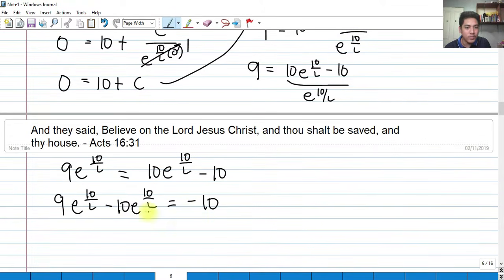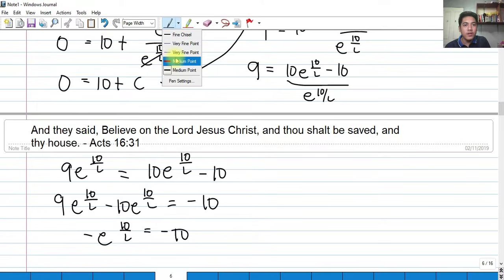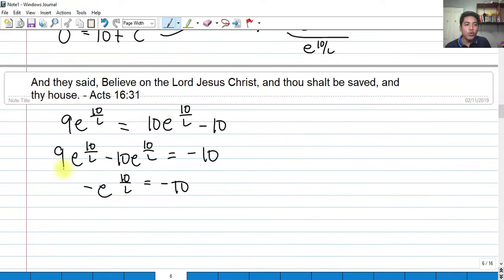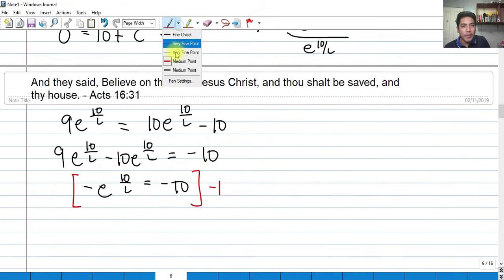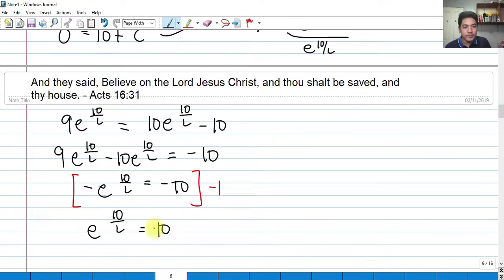So we can subtract these two, because they have the same base and the same exponent, so we can simply subtract them. That would be negative E raised to 10 over L is equal to negative 10. Multiplying both sides by negative 1, we have E raised to 10 over L is equal to 10.